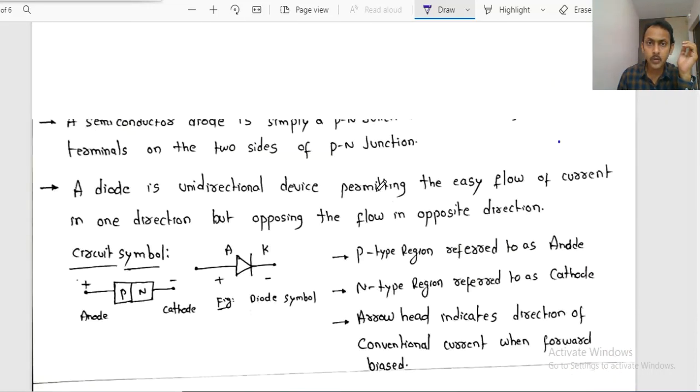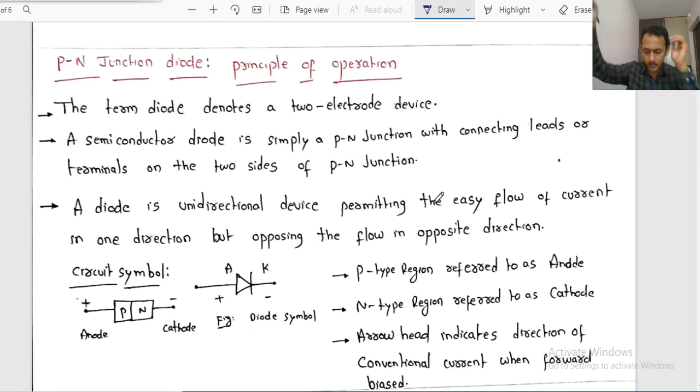Now, dear students, if you observe, the diode is a unilateral device which permits the flow of current only in one direction, but it opposes the flow of current in the opposite direction. It is nothing but a two electrode device, simply a PN junction, which consists of two terminals on the two sides of the PN junction.